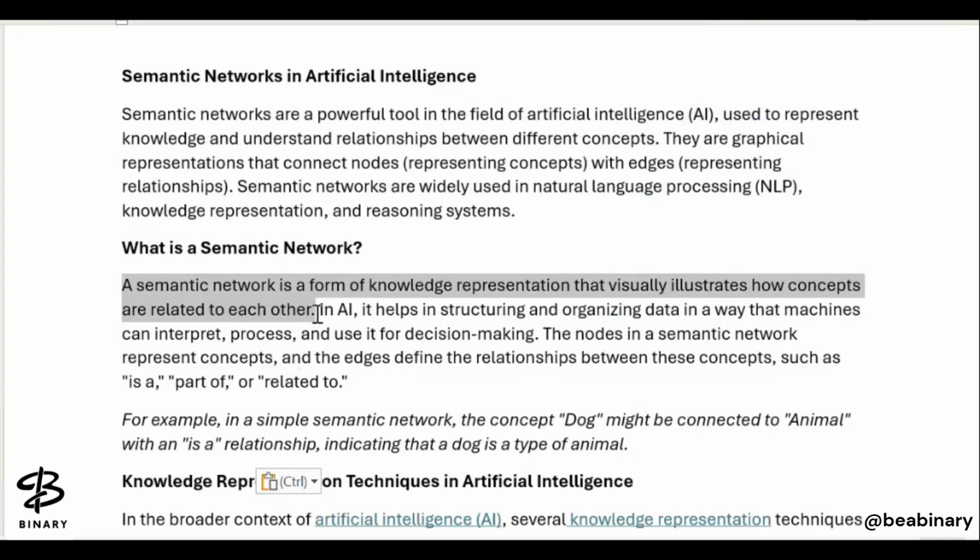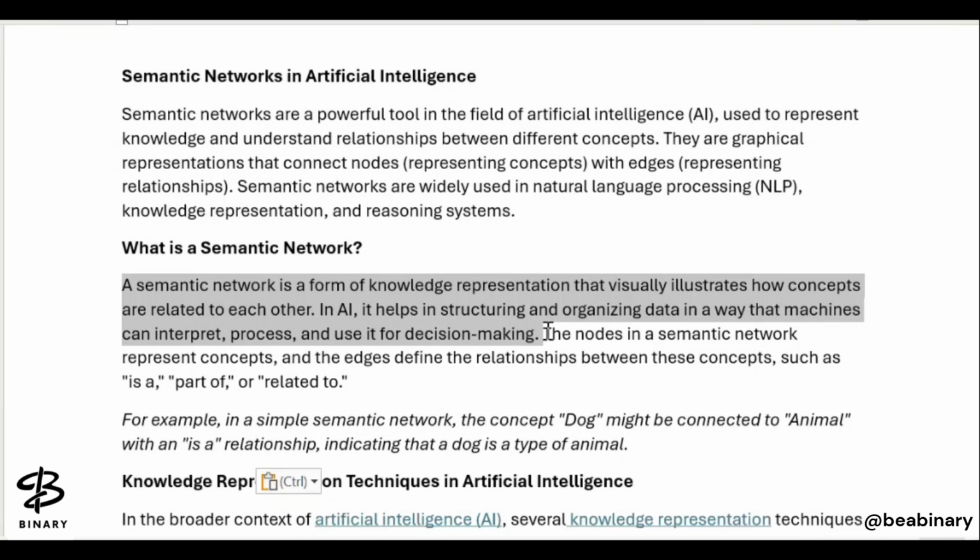So in AI, it helps in structuring and organizing the data in a way that a machine can interpret and process and use it for decision making. So again, here we are talking about the analysis of data. We are talking about how the data will get structured, how the data will get organized, so that the machine can interpret, process, and use that data for decision making.